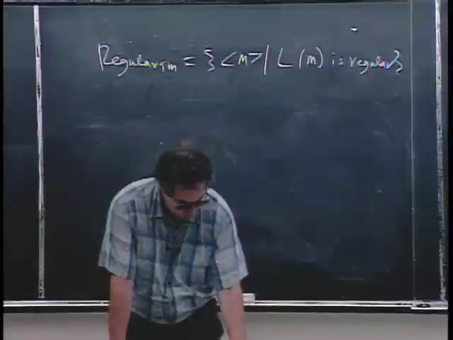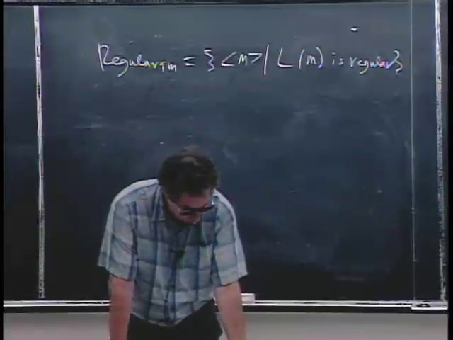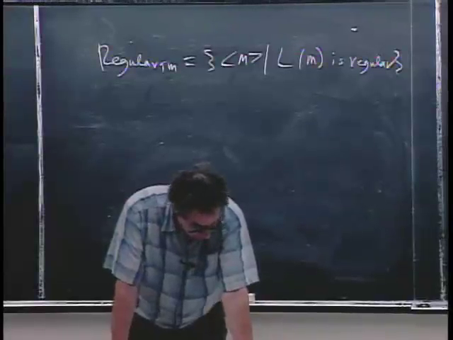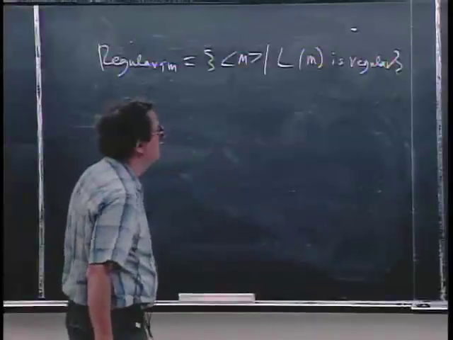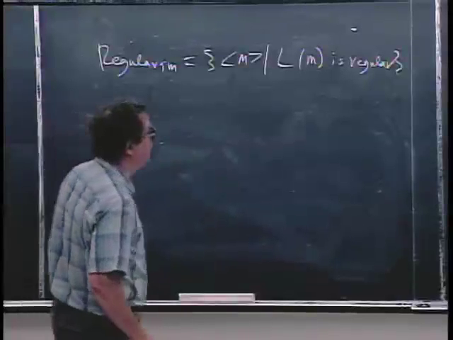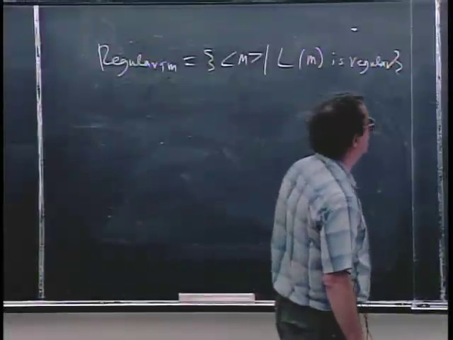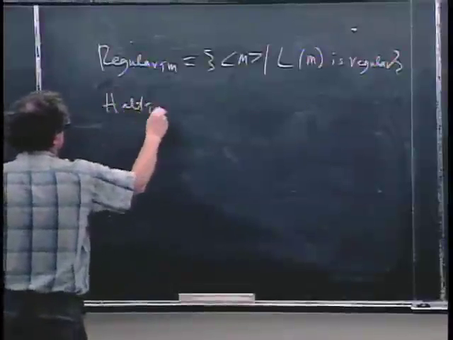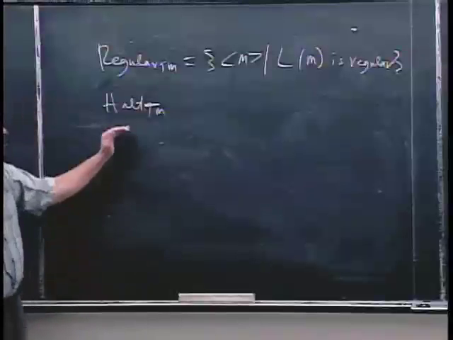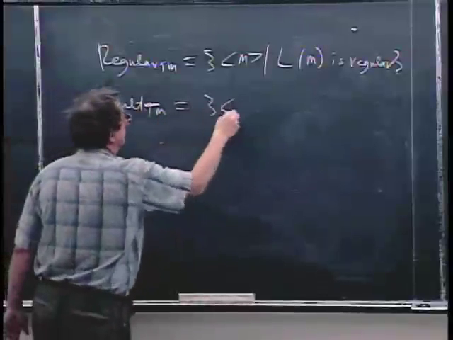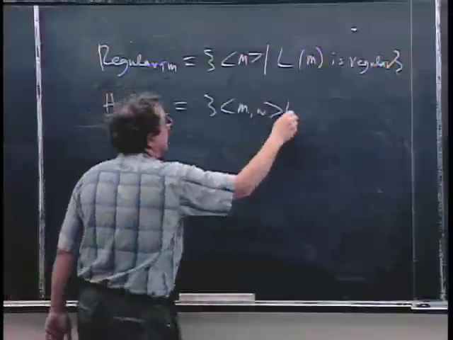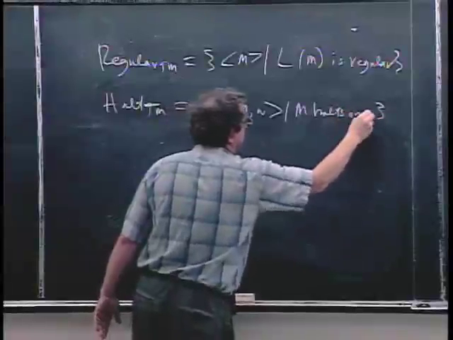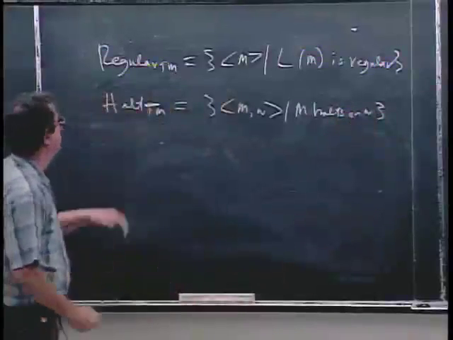Okay, so one idea, I've erased it, but we had a language previously, HALT. HALT_TM is the set of pairs M, W such that M halts on W. And we already know this is undecidable.